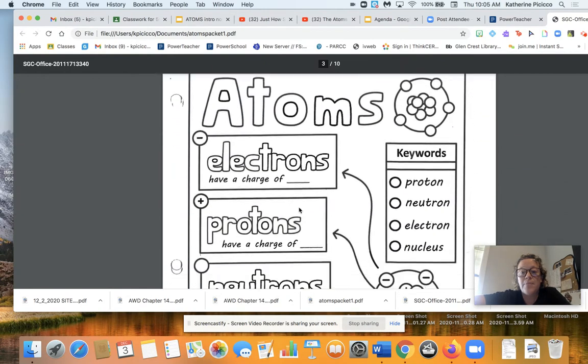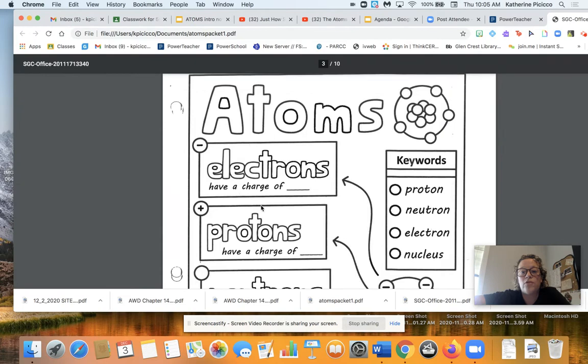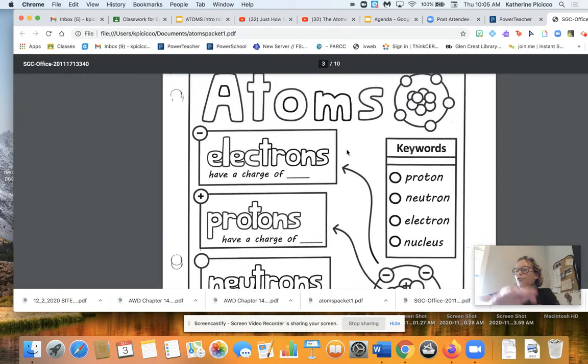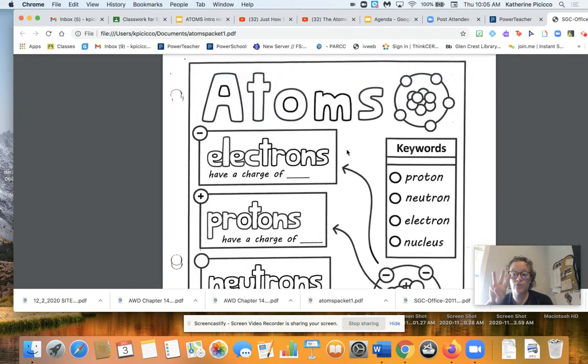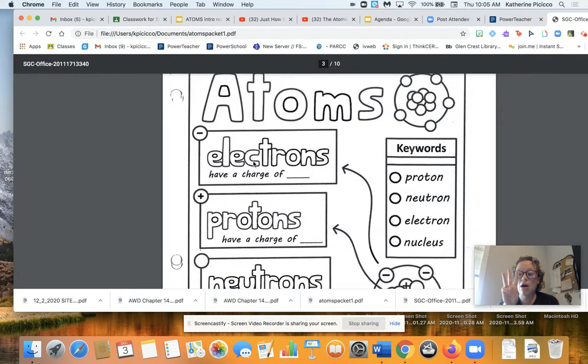I also want you to find three colors. They could be three highlighters, three markers, three colored pencils, but three different colors. So do that right now. If you've got the atoms paper, get that out and get three colors. And you can pause the video if you need to.